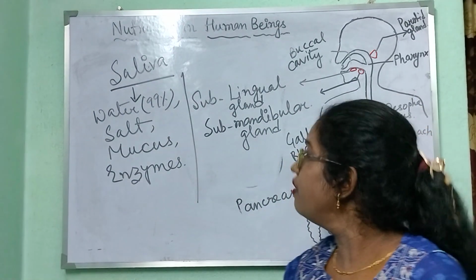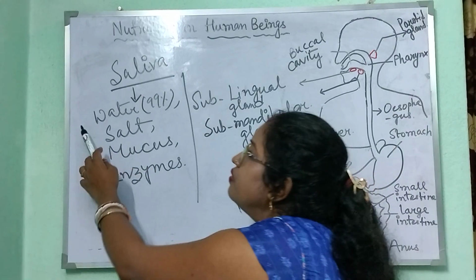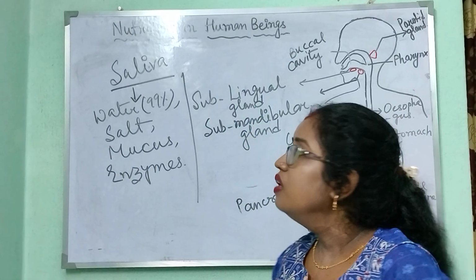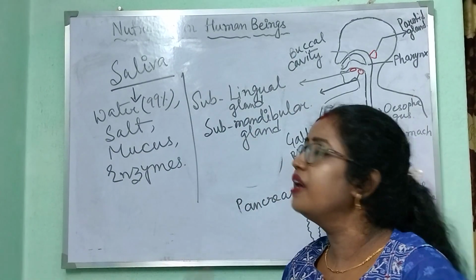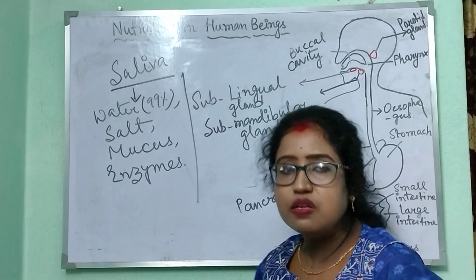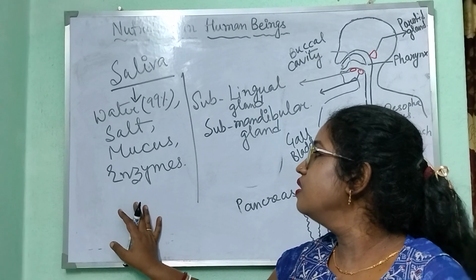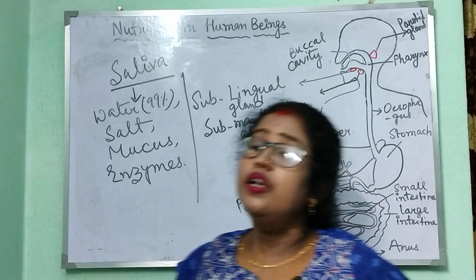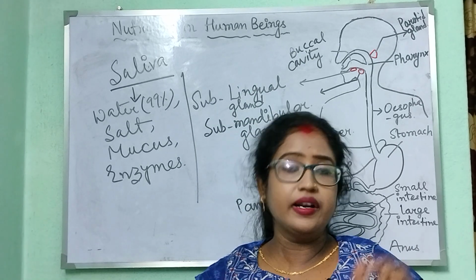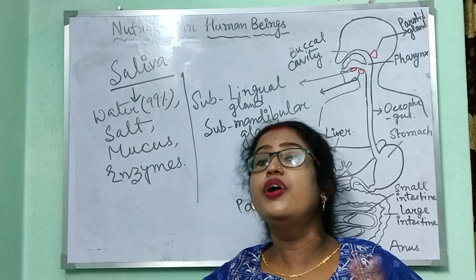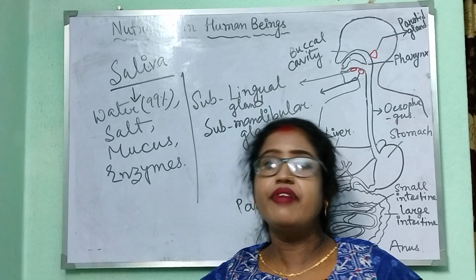So, saliva is a kind of liquid material which consists of four types of material. First one is water. It contains mostly watery material, that is 99% of water. Then it has some salt contained in it. Then it has mucus also, and lastly it has enzymes. It has a special type of enzyme that can only digest carbohydrate-like food material. It can't digest protein or fat material.